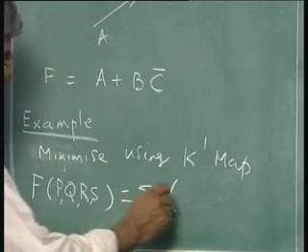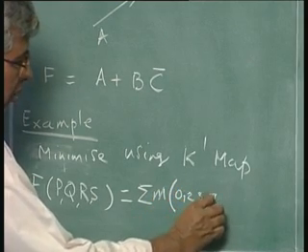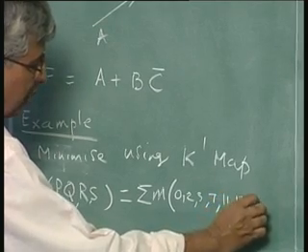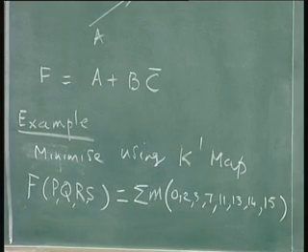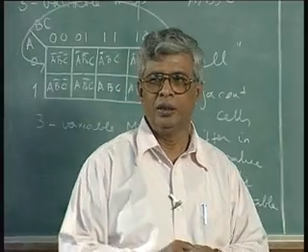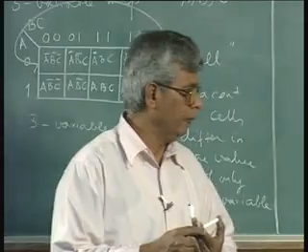So, let us say 0, 2, 3, 7, 11, 13, 14, 15. I just write it without even thinking about it. We will see what comes. It is an arbitrary example. No specific system or circuit I have in mind.